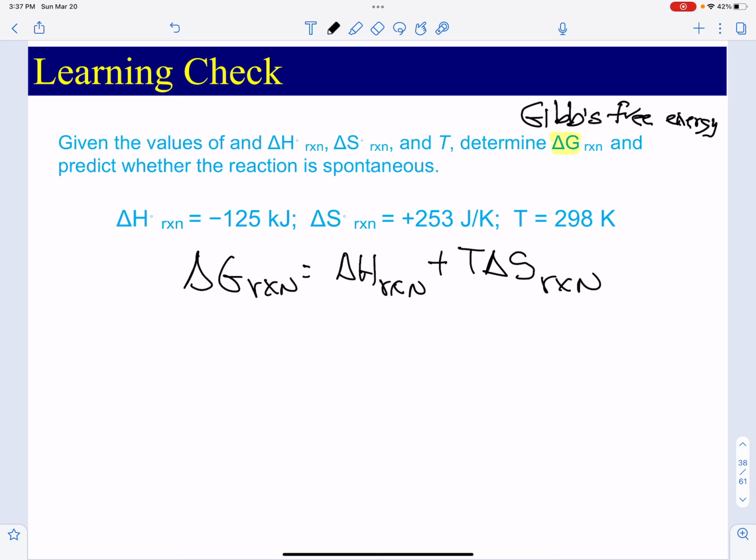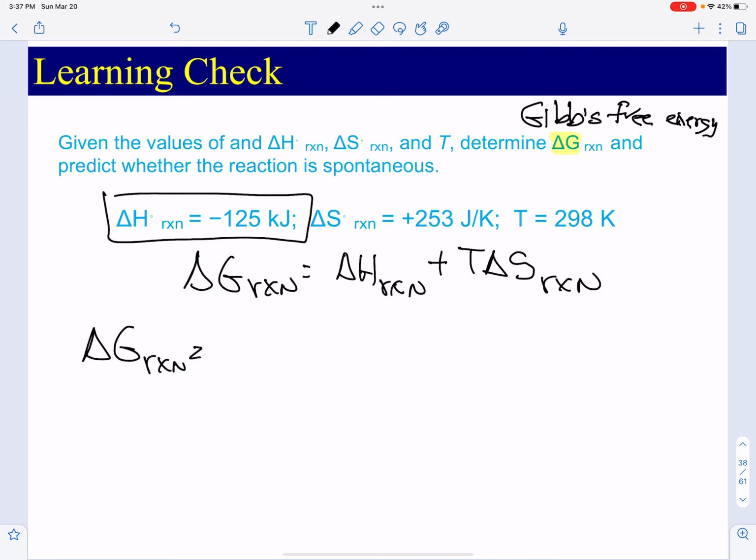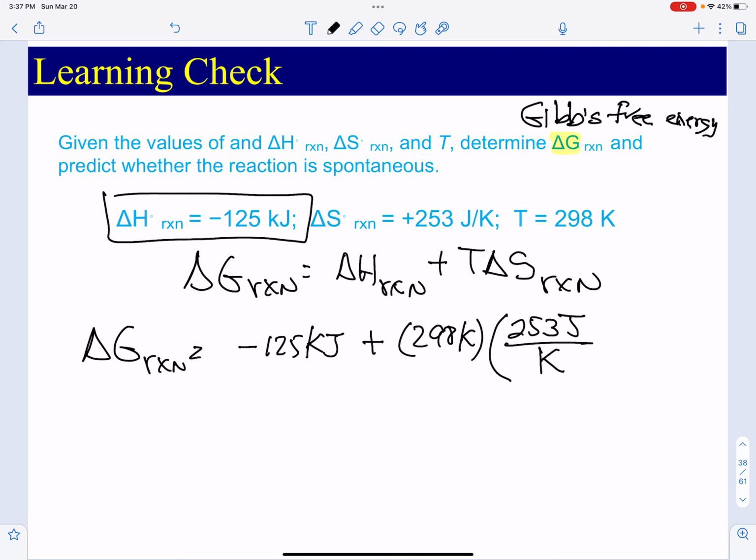In this case, we're going to have delta G of the reaction equal to minus 125 kilojoules plus 298 Kelvin times 253 joules over Kelvin.